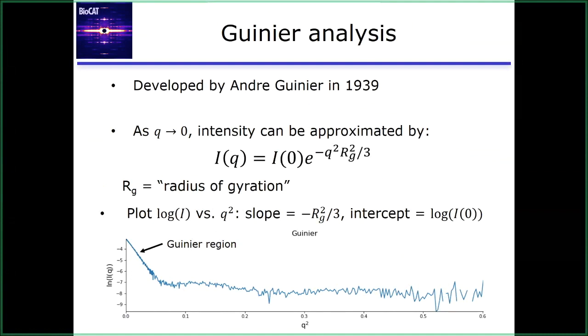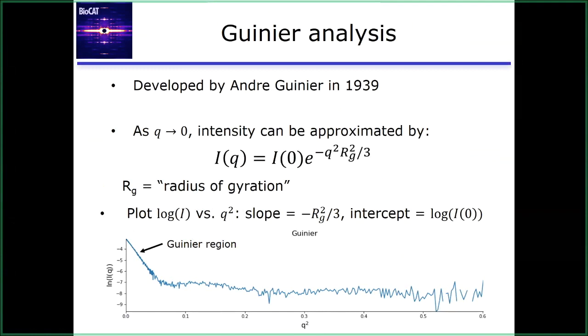Essentially, if you want to see the Guinier range, the conventional way is to plot the log of the intensity versus Q squared. The linear region of the profile is where the Guinier approximation is holding. If you take the log of this equation, you end up with some intercept minus Q squared Rg squared over 3.